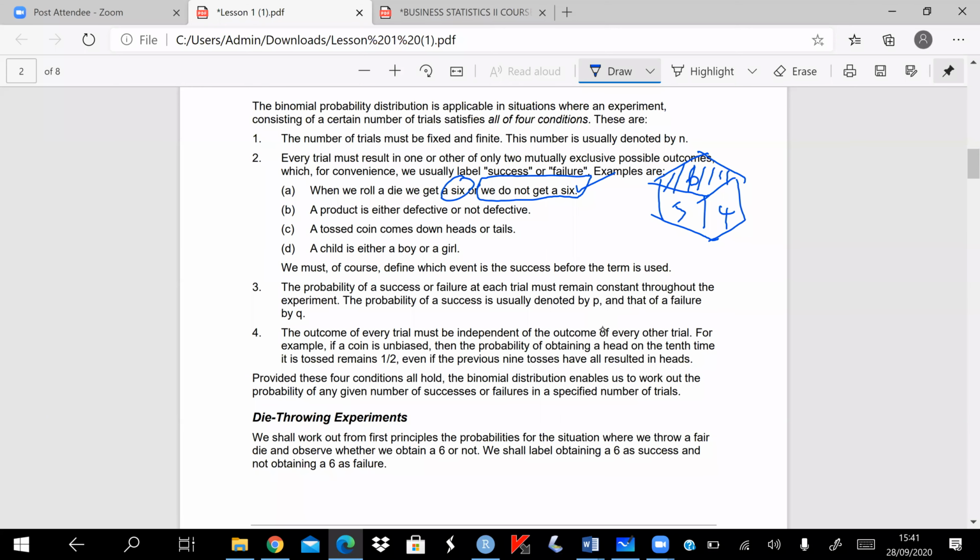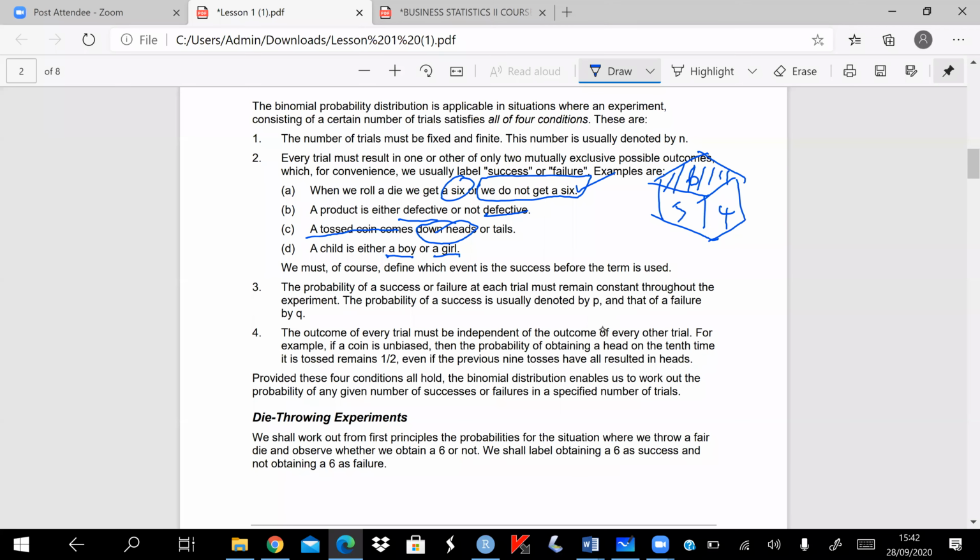The same case when you toss a coin: either the heads come up or the tails come up. So that's again binomial. The gender of a child is either a boy or a girl. When you inspect items off a production line, every single item is either defective or not defective. So those are examples of binomial experiments.